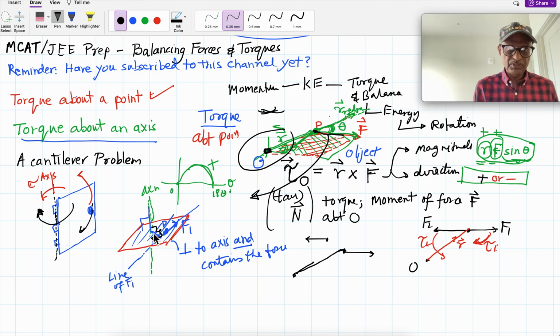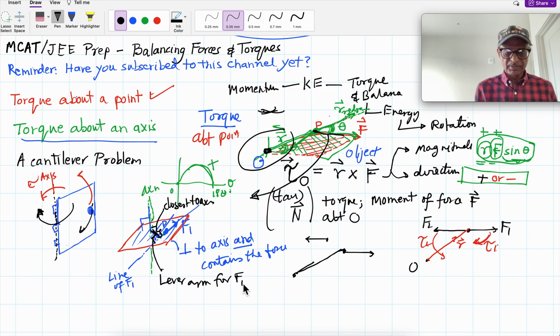This is going to be the so-called closest line to the axis. The length of this line is called the lever arm.